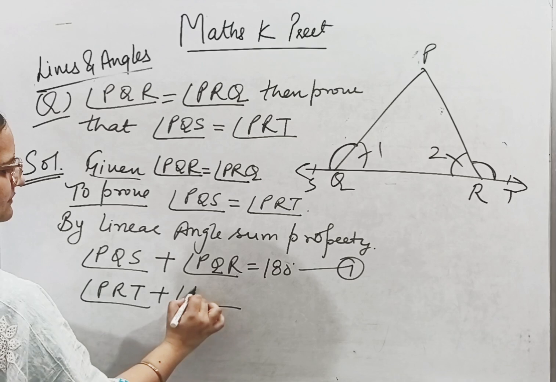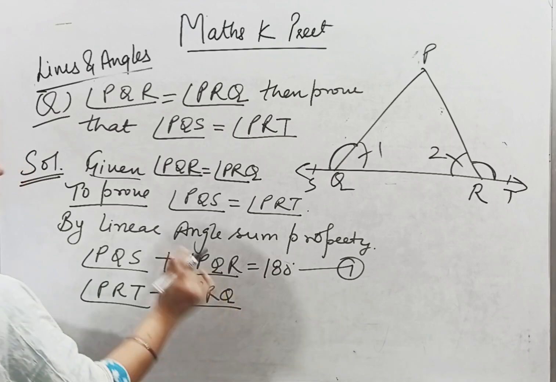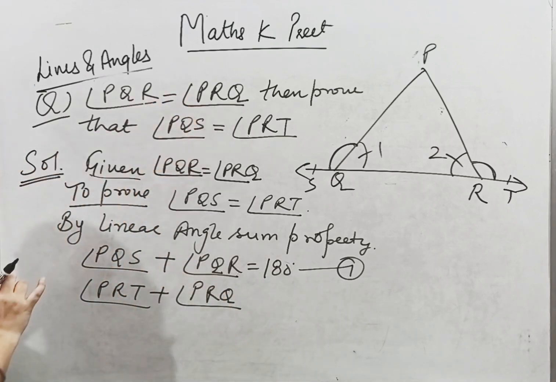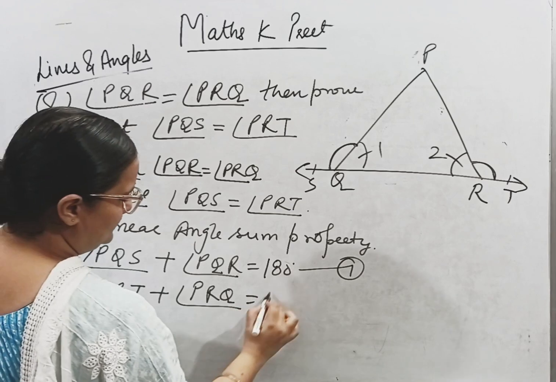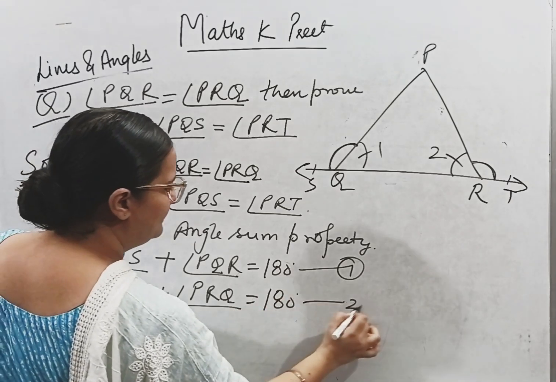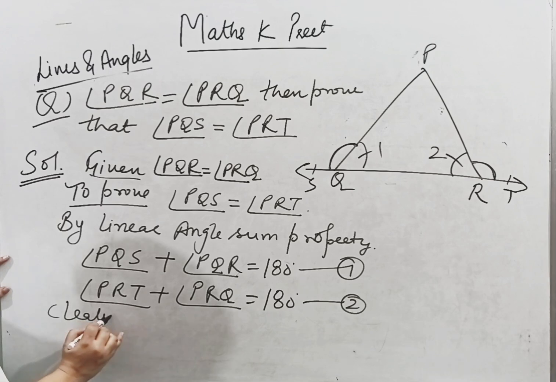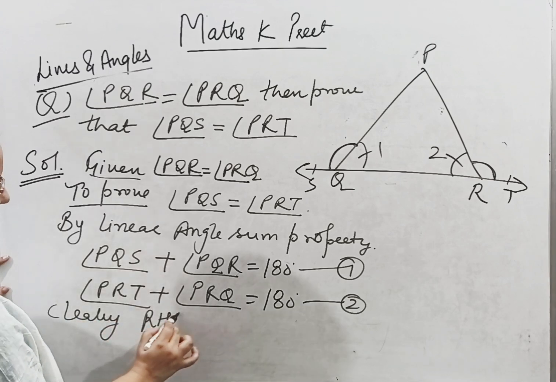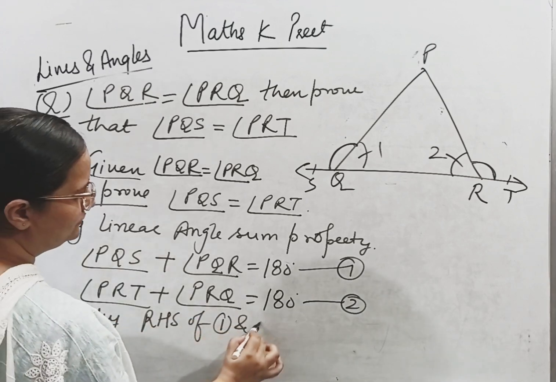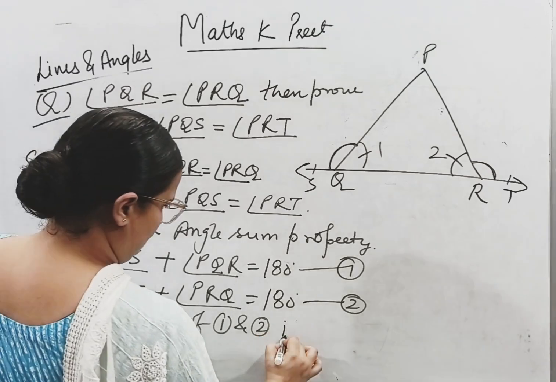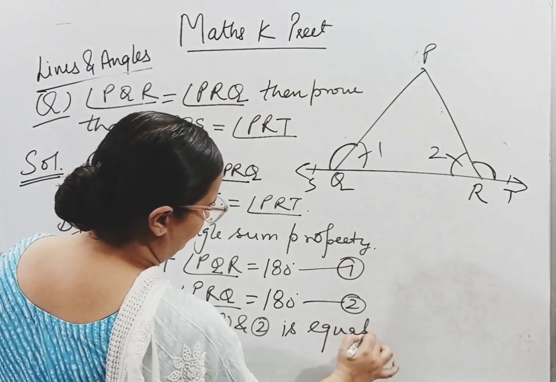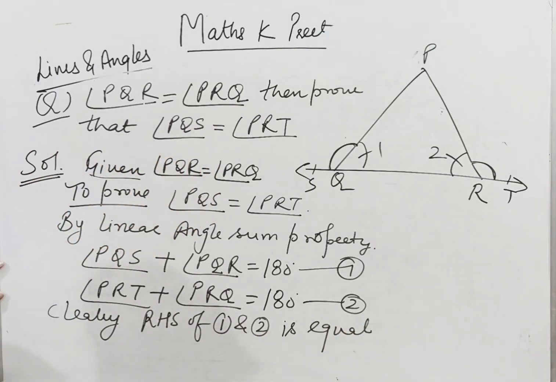Again, this side, angle PRT plus angle PRQ. I am just taking the names from the statement only. 180 degrees, mark it number 2. Now clearly the right hand sides of 1 and 2 are equal, therefore we can compare the left hand sides as well.